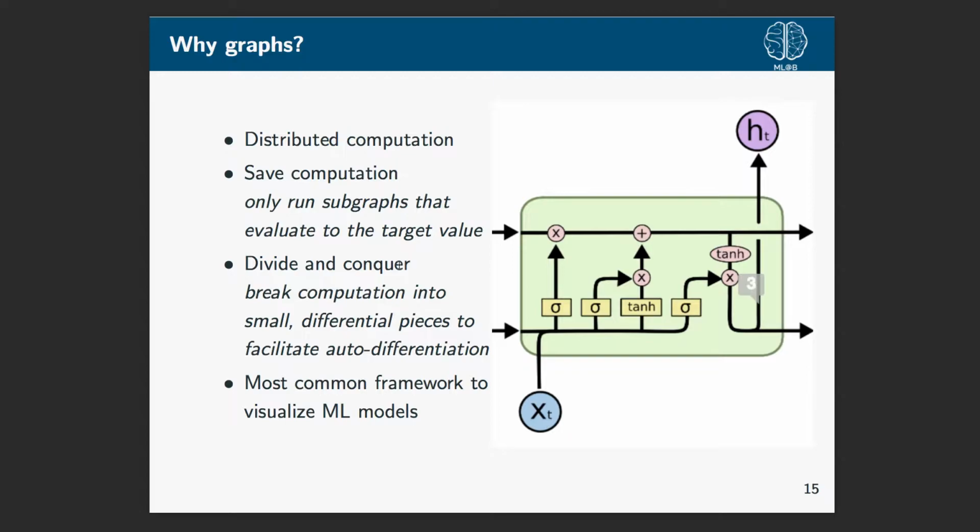And we can break computation into small differential pieces to facilitate auto-differentiation. Graphs are the most common framework to visualize ML models. This model right here is an LSTM cell, a long short-term memory. If you want to know more, you should attend our RNN workshop.